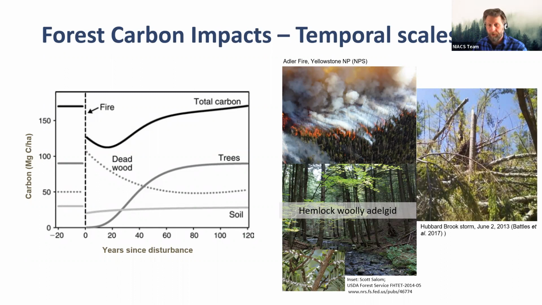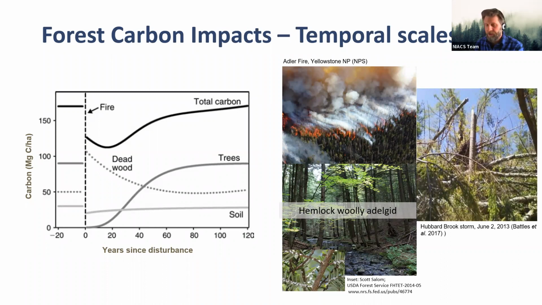So you lose almost all of your carbon in trees as they burn up and turn into CO2. And then over time, as the forest regenerates, you regain the carbon back up to nearly the same level it was before, and the same thing with your total ecosystem carbon.